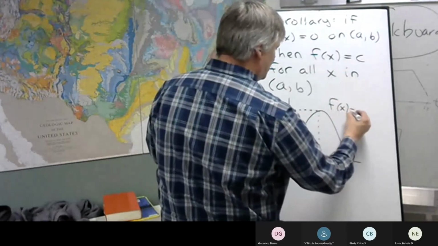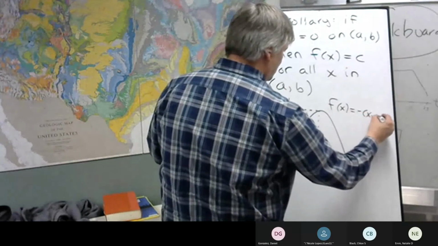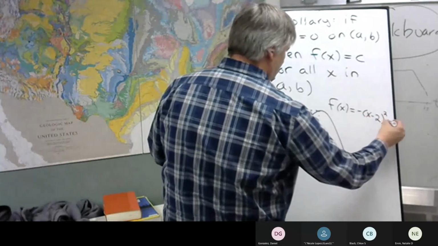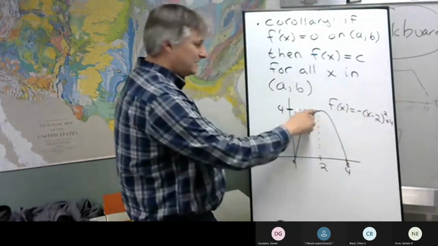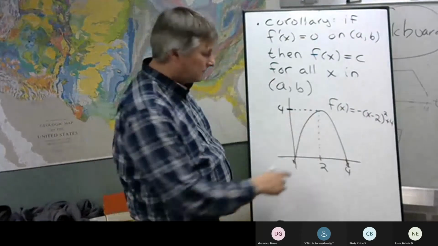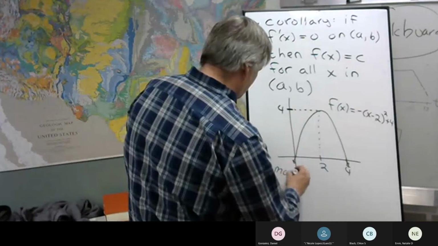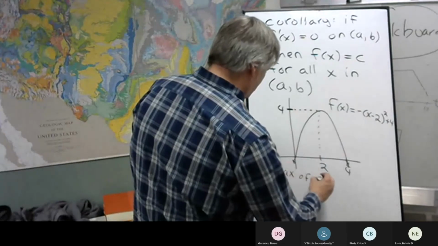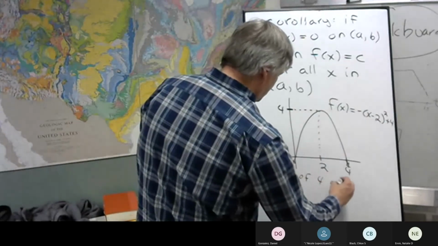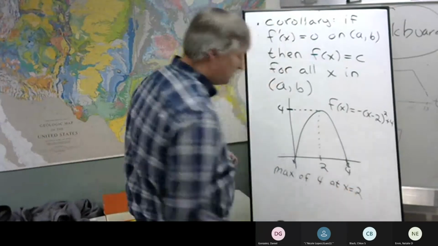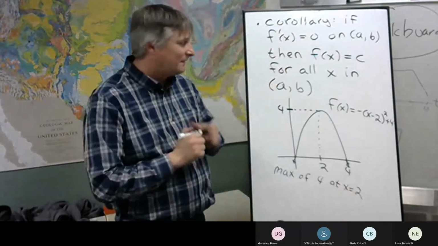You might want to adjust it in your notes. It does have a max of 4 at x equals 2. But I'll send something out about that.